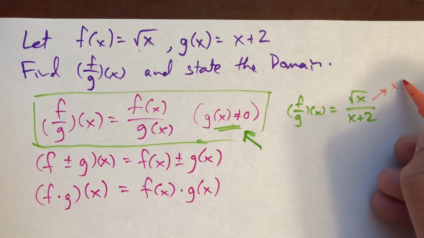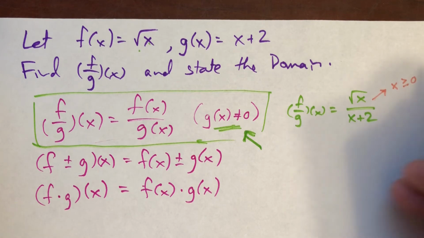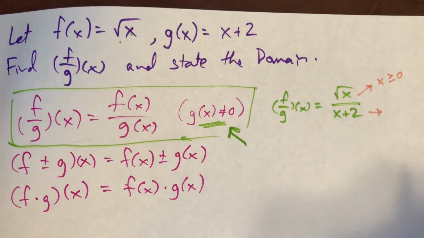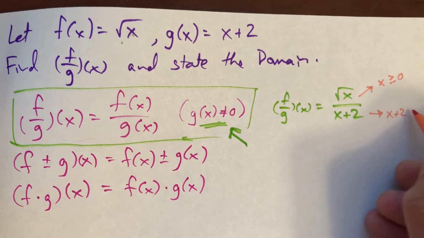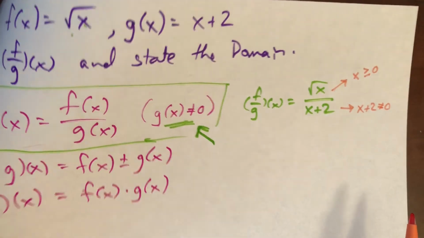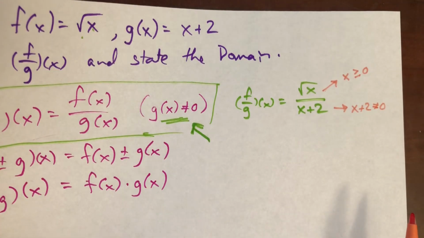So we have to have x greater than or equal to 0. And we can't have x plus 2 be 0. So these are our two facts we're going to use to construct our domain.